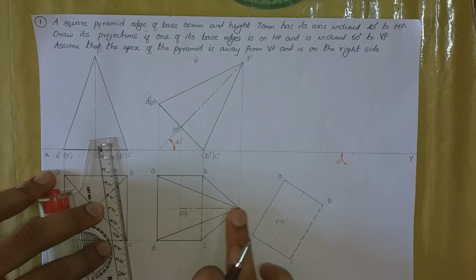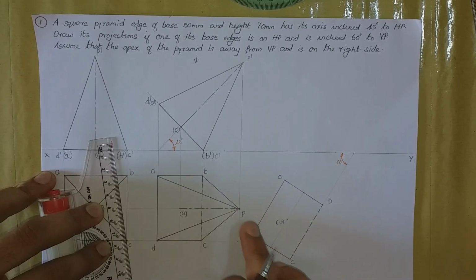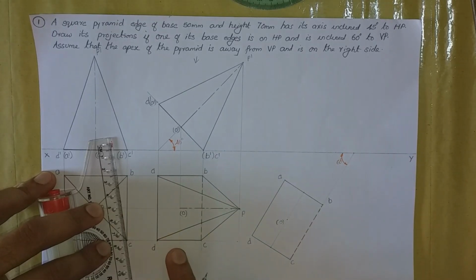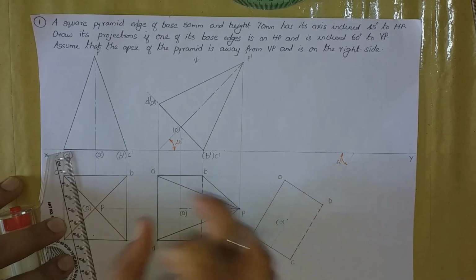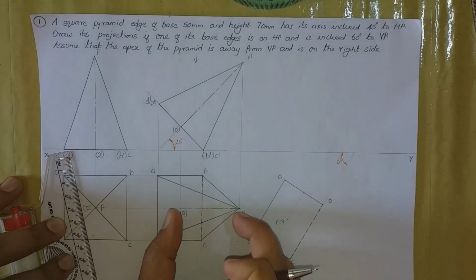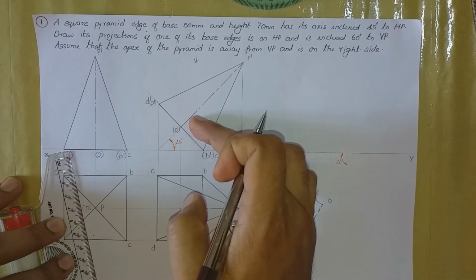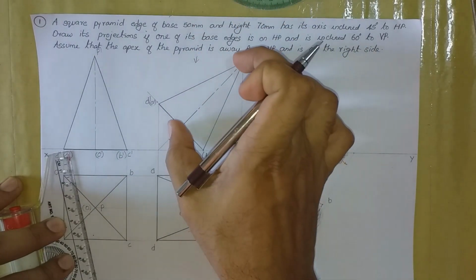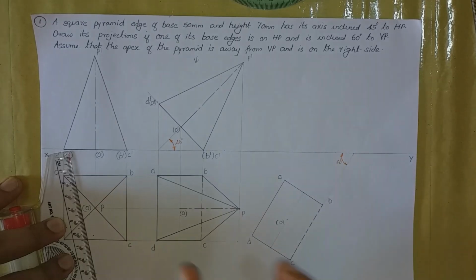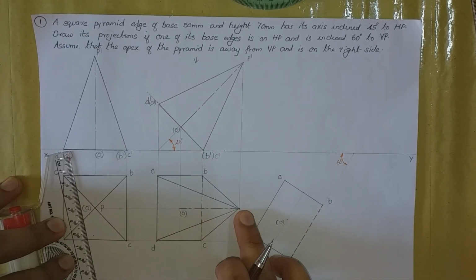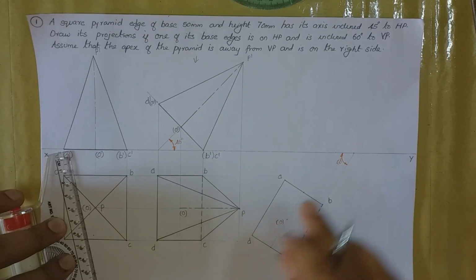Now let us draw the axis. So PO and this line, they are perpendicular to each other. But the length of PO is not 70 mm, because the axis is having an inclination here. When you are observing from the top, it seems to be a reduced line here. So presently PO is not having true length, it is only having plane length. So this is actually a plane length, it is not the true length of the axis.